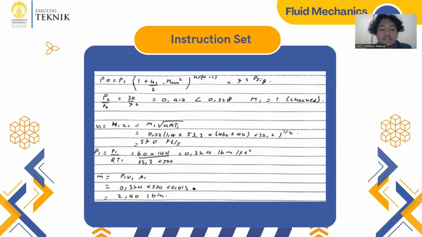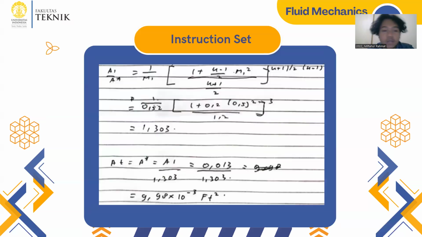And for the velocity is about 570 feet per second. And then for the m dot, it's equal to 2.4 lbm. And there is A1 per A star, it's equal to 1.302.